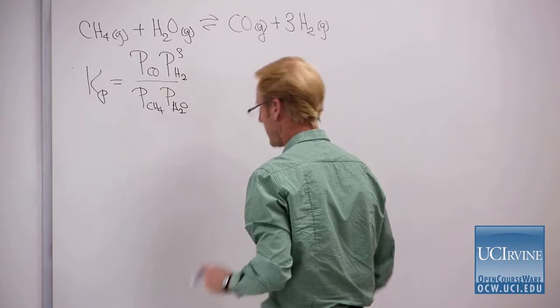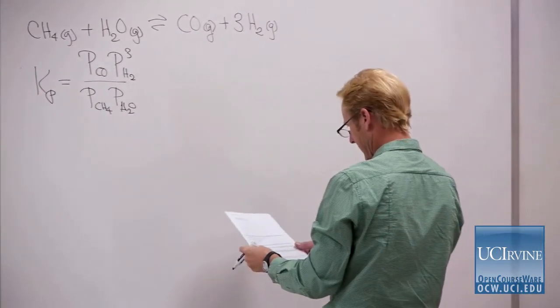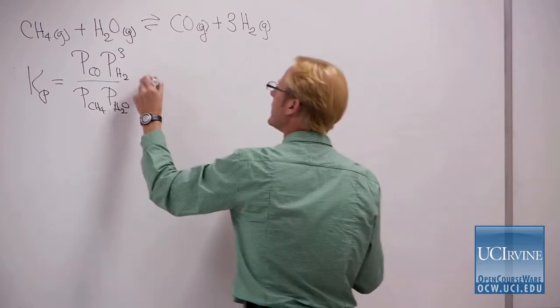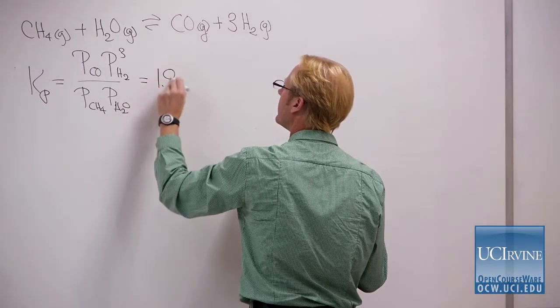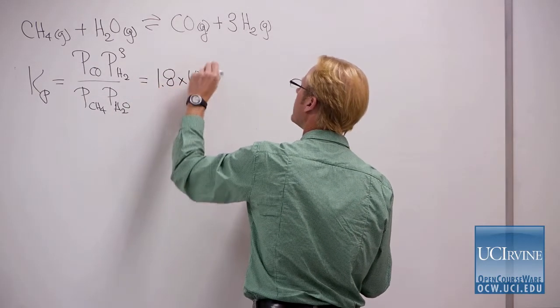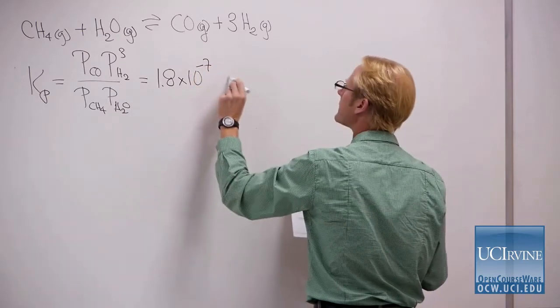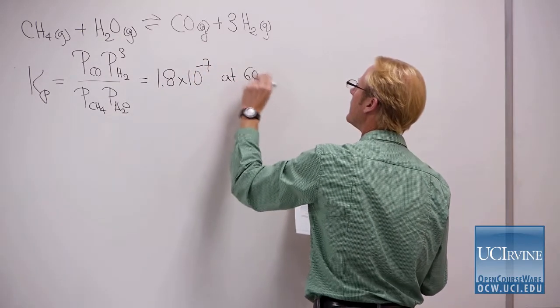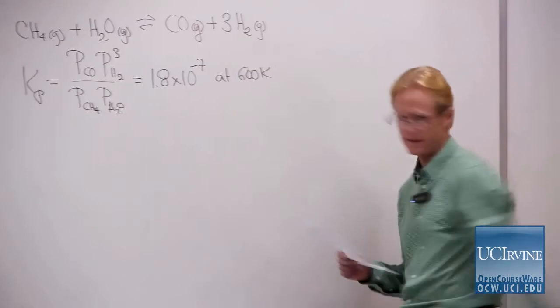Okay, and so that thing equals 1.8 times 10 to the minus 7, and that's at 600 Kelvin. All right, so it's pretty small.